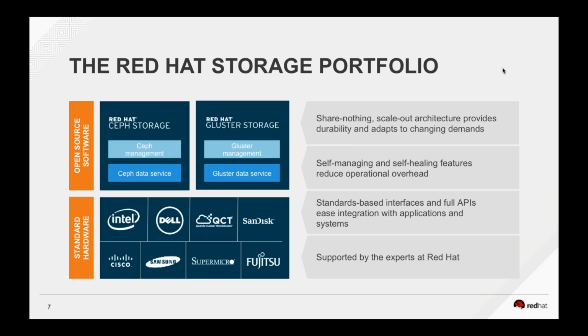Each and every Red Hat storage product, whether it's Ceph or Gluster, has built-in management capabilities and built-in data service capabilities, and both of these products run on commodity or branded x86 systems like Intel, Cisco, Samsung, Dell, Supermicro, Fujitsu, Quanta. And of course, we have also worked with SanDisk, connecting their flash JBODs to x86 servers.